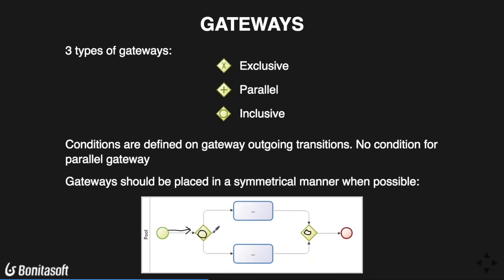Let's say you have like 3 transitions, and those 2 return true. So those 2 are activated. When used as an input, the inclusive gateway will know which branches have been activated by the previous one. So you will wait only for this one and this one.